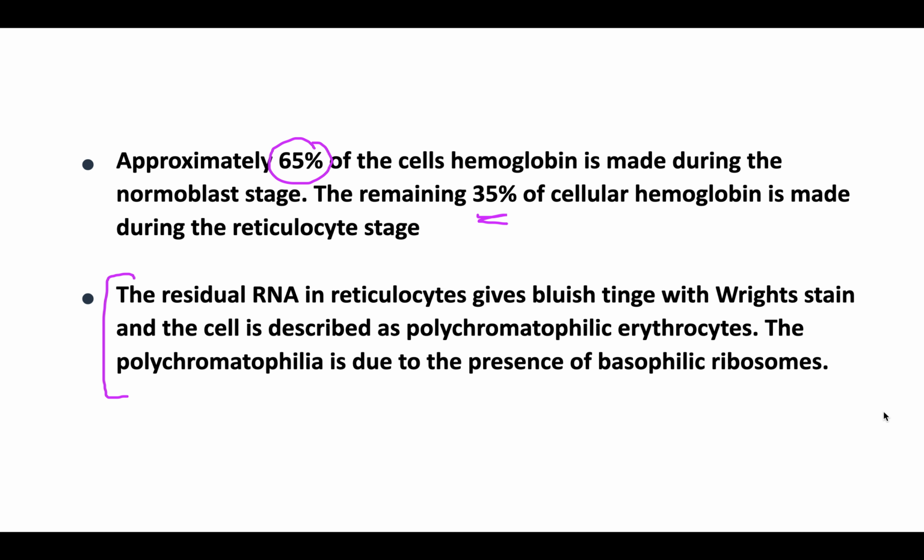Reticulocytes can be seen on Leishman stain, the routine stain, and on specialized stains. On Leishman stain, which is used for the normal CBC and peripheral blood films we see routinely, these cells are described as polychromatophilic erythrocytes. If you see this picture, this is a Leishman-stained smear.